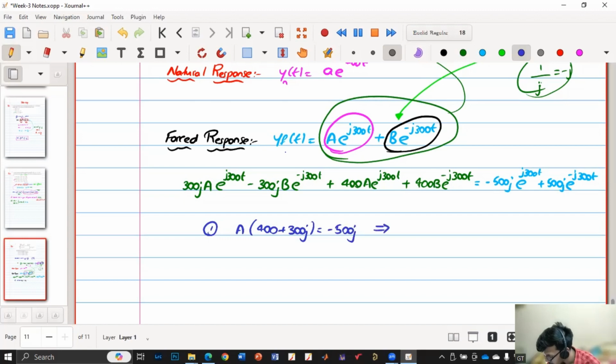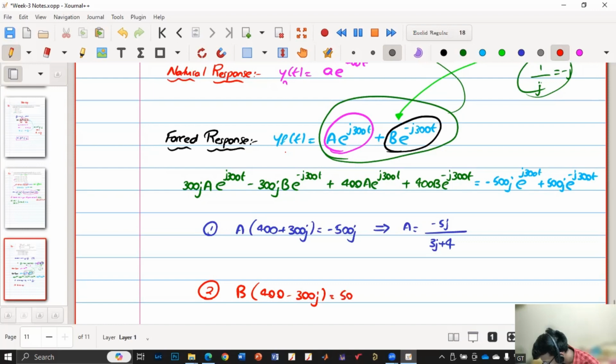So now my a will be minus 5j by 3j plus 4. And my b will be what? b into 400 minus 300j is equals to 500j. That implies my b is equals to 5j by minus 3j plus 4.